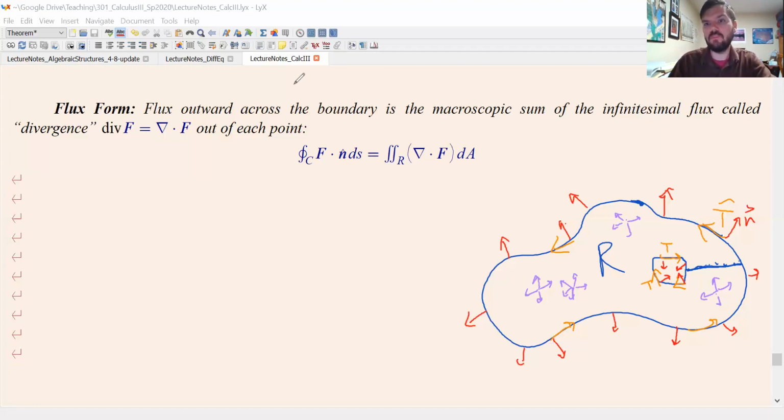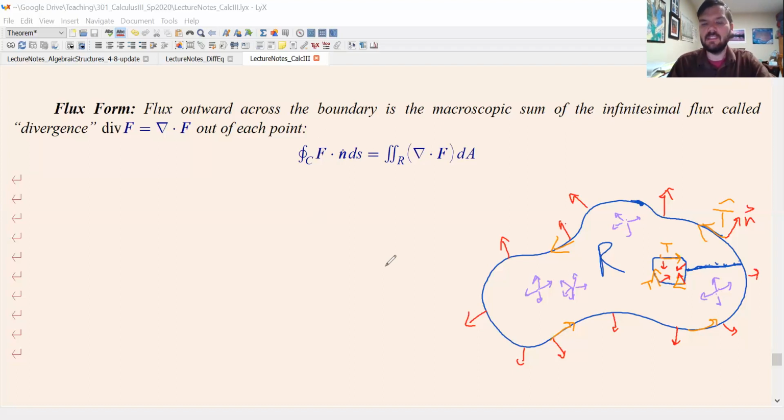And we can either measure this quantity along the entire boundary, or we could measure it by adding up all the little divergences. So this is equating this idea of taking the divergence of a field, which often will simplify it down by differentiation, versus dotting it with a normal.